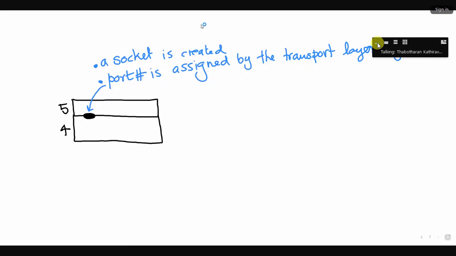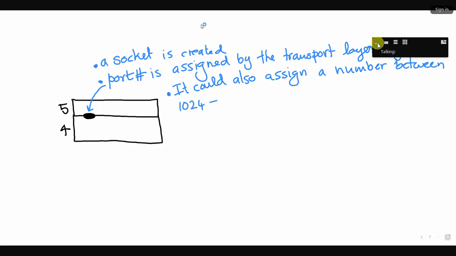But it could also assign a number between 1024 and 65,535, especially for UDP applications, UDP processes. That could also take place.